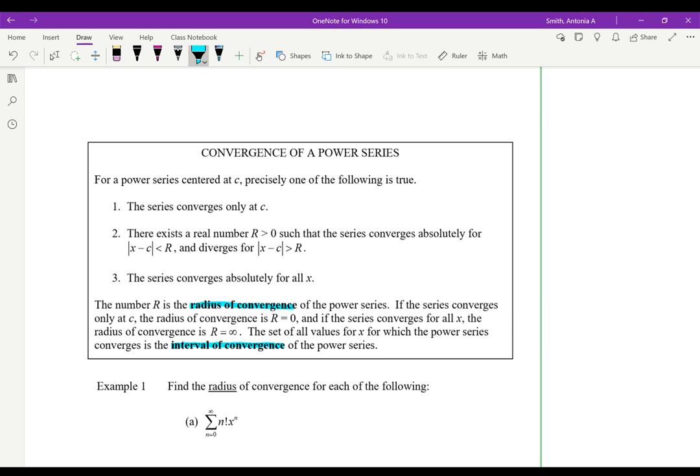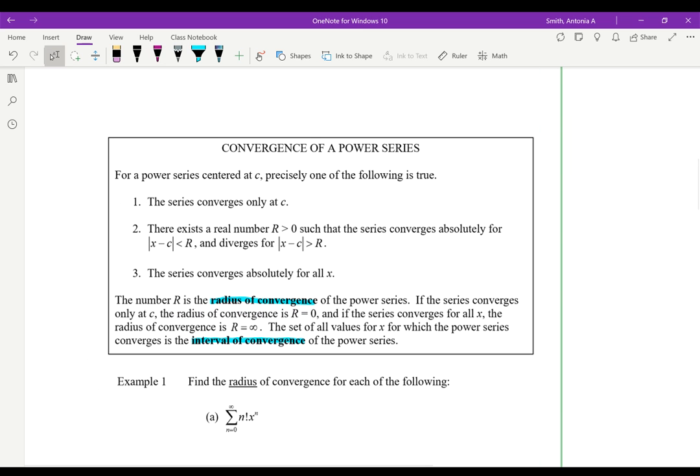Really what we're talking about here is that there are three different ways our function, because we're representing a function here, can converge as a series. We can have it converge at a single point c. That's our first option, and this is our number line x.